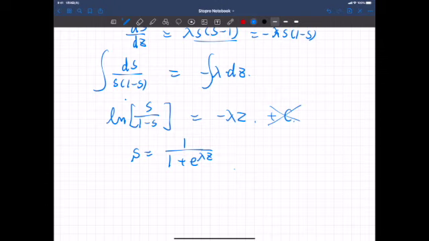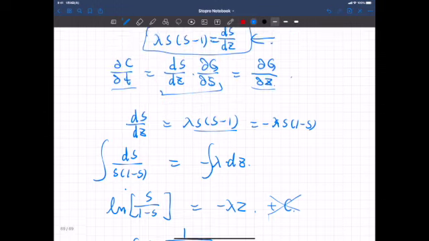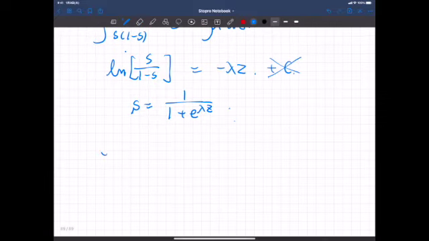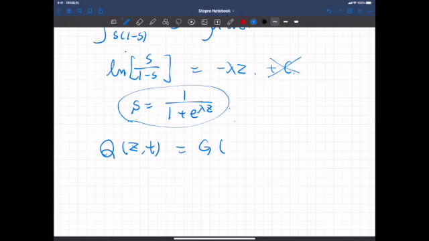Okay, then we substitute this s into this. But to do so, let's define a new generating function q of z, t, which is the generating function where s is replaced with z. So s is this, in this case 1 over 1 plus e to the lambda z, and t. Okay.